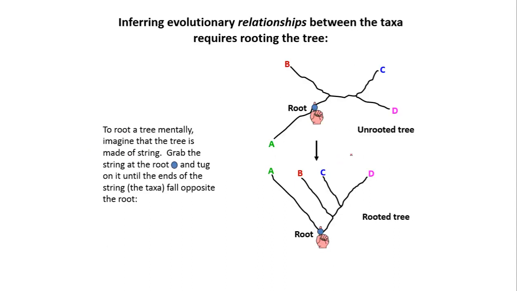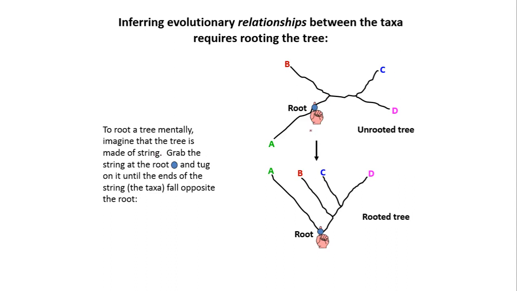Okay, so now in order to infer evolutionary relationships between the taxa, it is important that you know how to root your tree. This rooting is usually done by mentally imagining that the tree is made up of strings, as you can see over here.